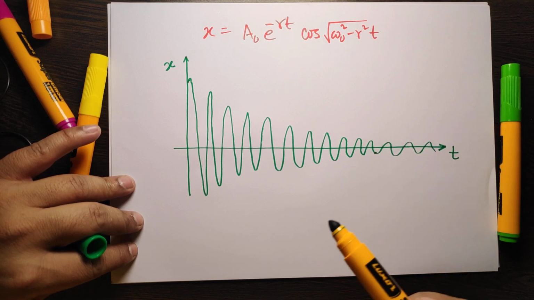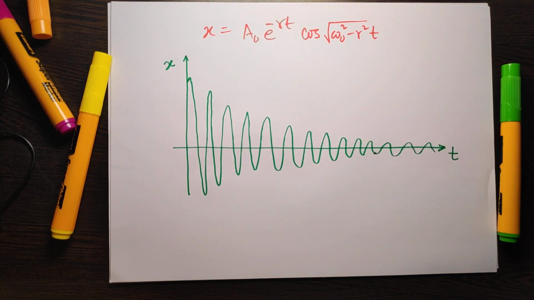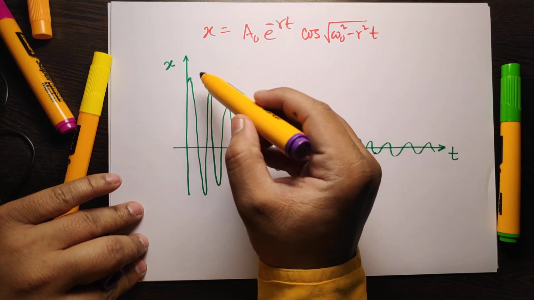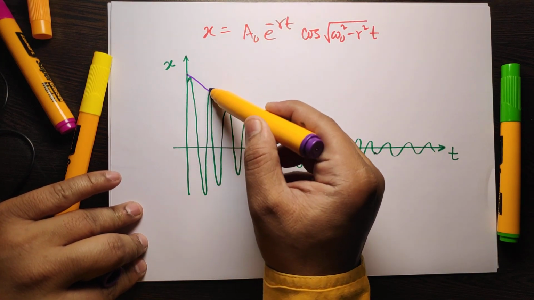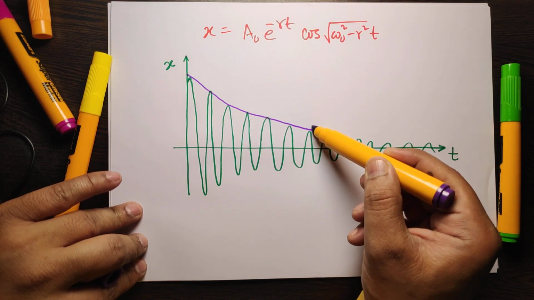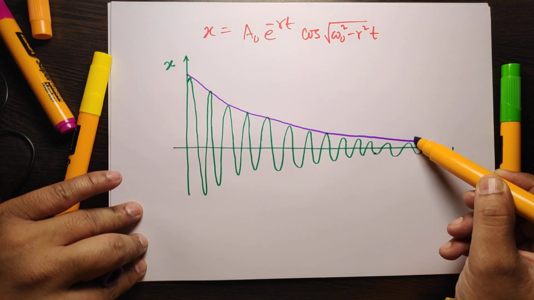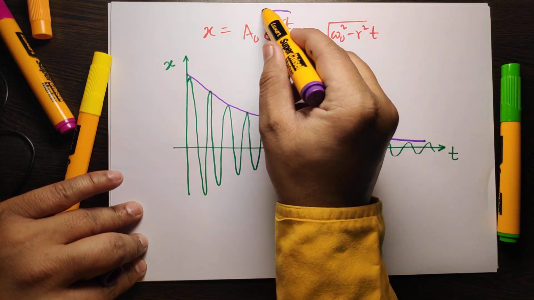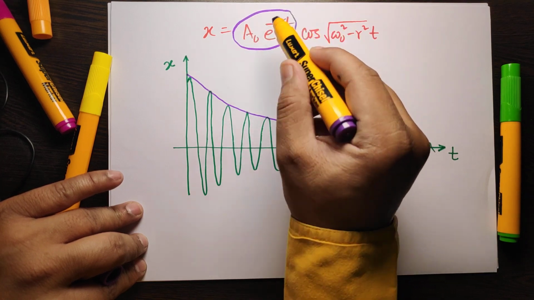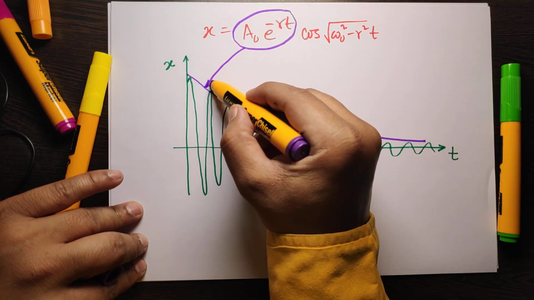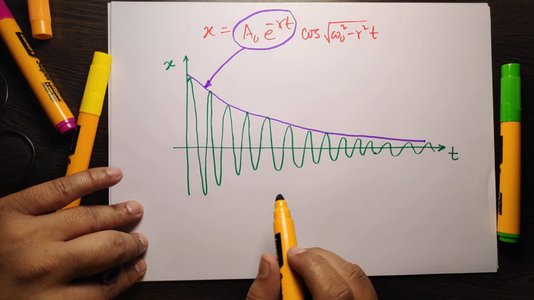The amplitude dies out with time. This one stands for the envelope of the curve and this stands for the fluctuation.